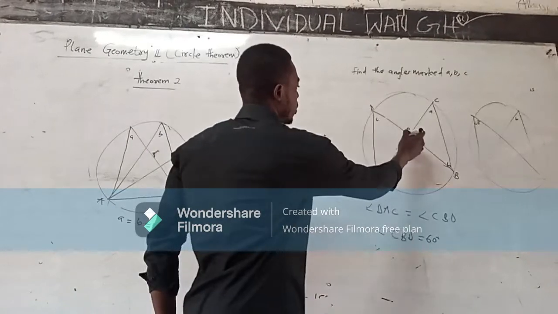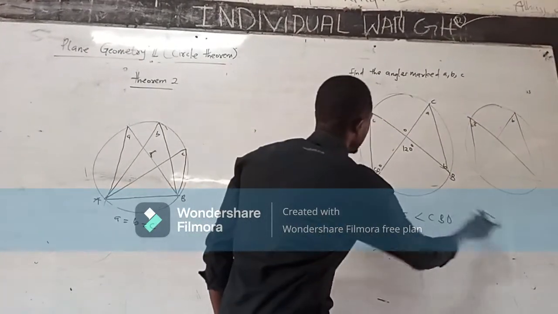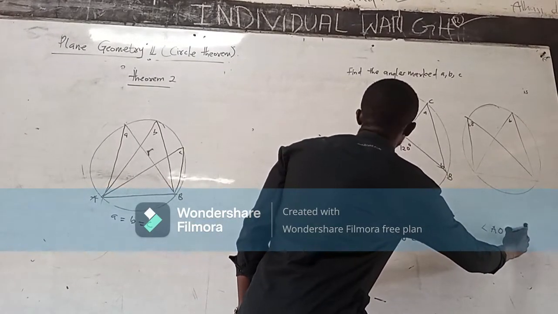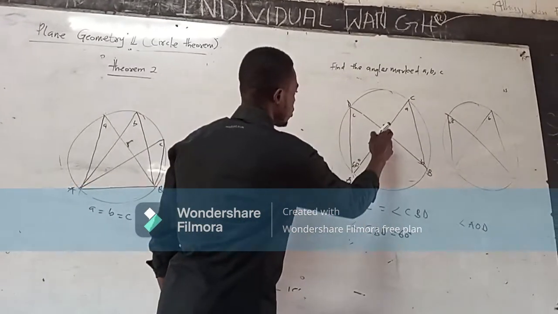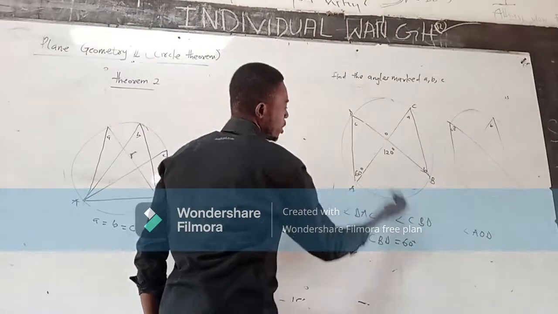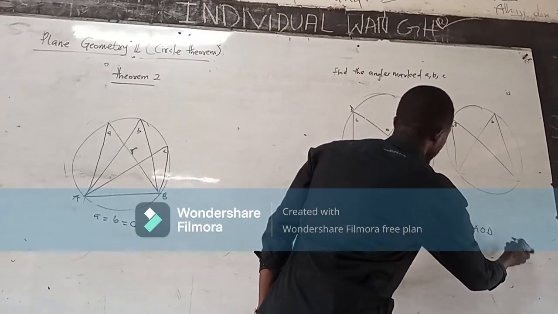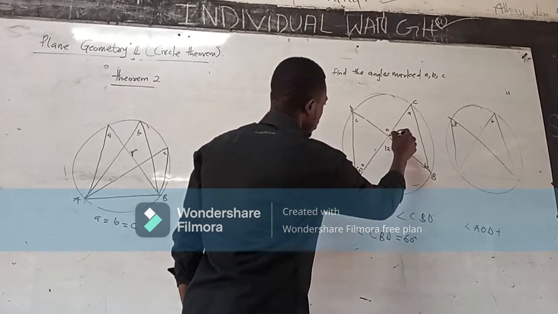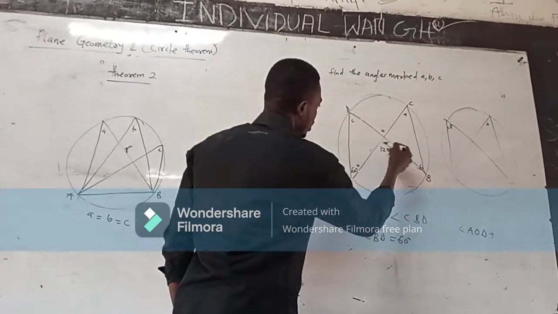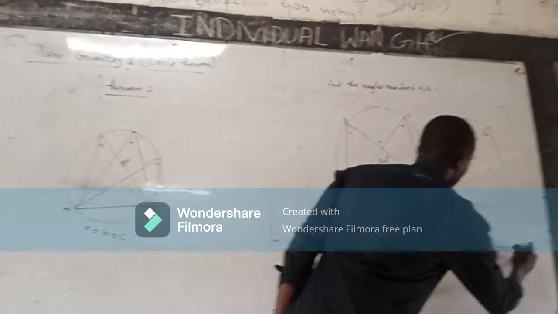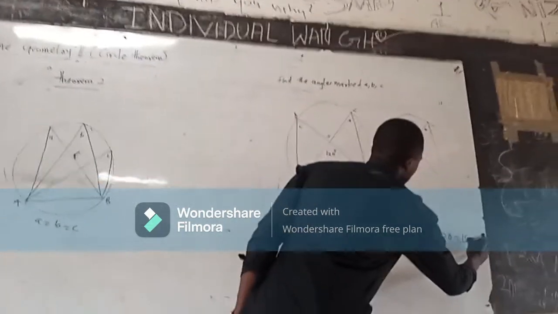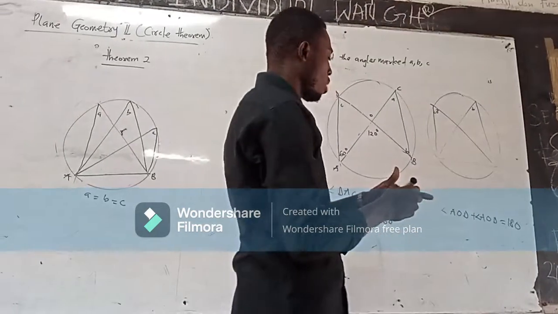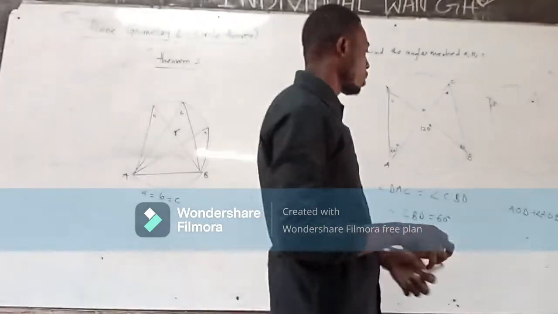So the angle AOD, the angle formed here, plus the angle AOB, the angle formed here, should sum up to 180. We said that any two angles that sum up to 180 are called supplementary. So this one is a supplementary angle.